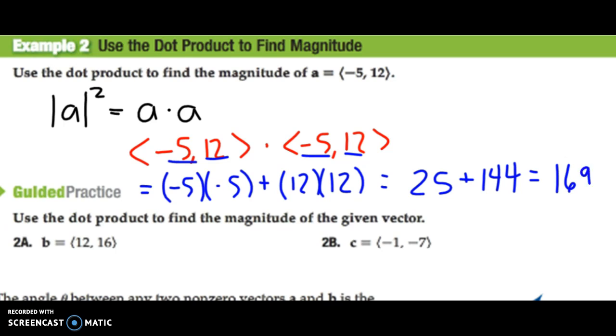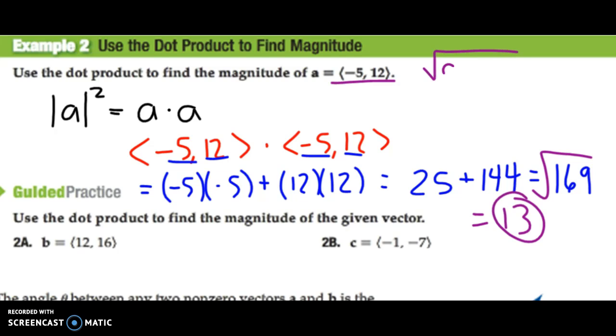Now you'll notice then that to figure out what it is, I have to take the square root of this number, which is equal to 13. So what's the magnitude of this vector right here? It's 13. Again, that's the same as what we talked about before, last section, which was the square root of a squared plus b squared, just a little bit different looking at it using dot products.